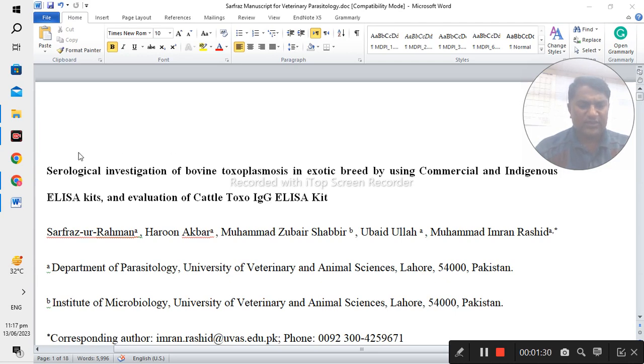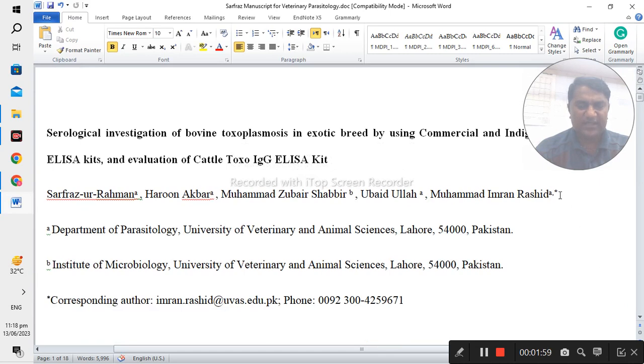So this one is the title, and you can see it in this research paper, then the names of the authors, and after that the affiliations of the authors. You can see the superscript A, which denotes the affiliation of that author, and one of the authors is the corresponding author, and you can see the star with this name, which indicates the corresponding author.